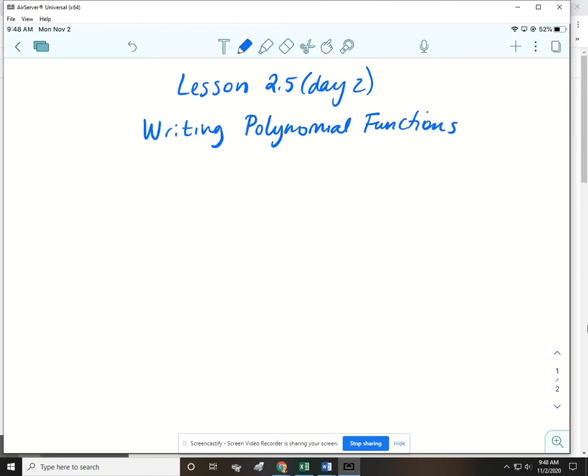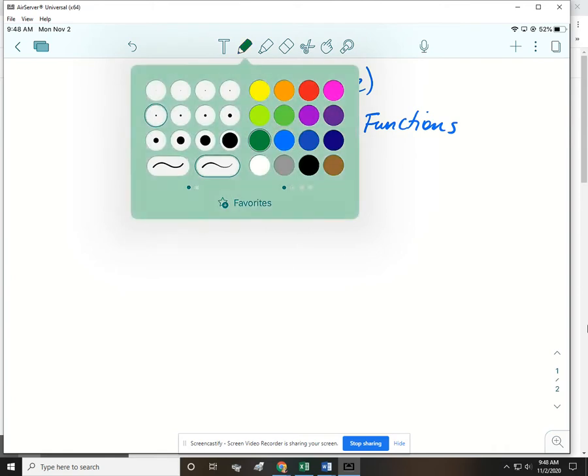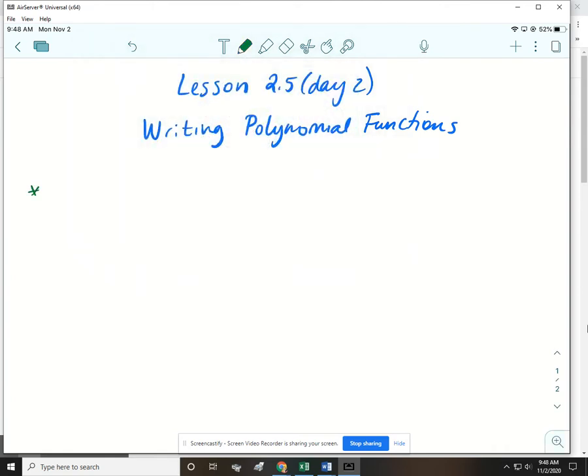Alright, so one thing that you guys need to remember is that imaginary zeros come in conjugate pairs.